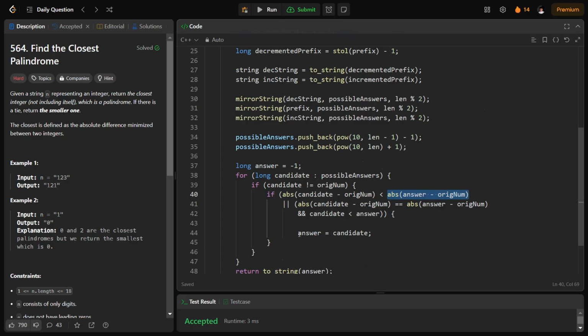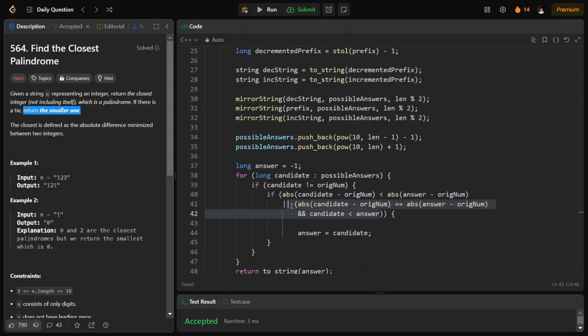So I update the answer to this candidate. Or the other case is if the absolute difference is exactly the same, so I have found a candidate at the same distance as what I have stored in my answer, but this new candidate is smaller than the answer. We return the smaller one.